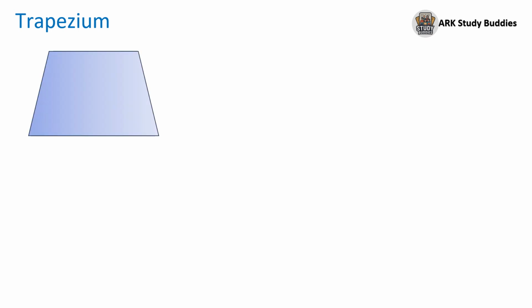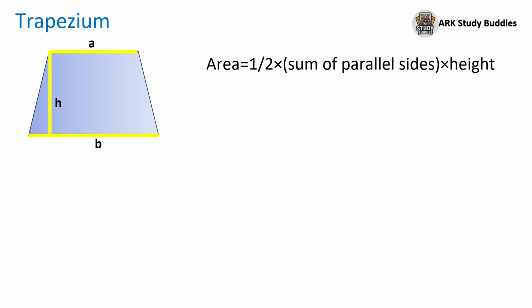In a trapezium, there are two parallel lines. So A and B are parallel lines and H is the height. Then area is equal to half of the sum of the parallel sides into height, that is equal to half into A plus B into H.